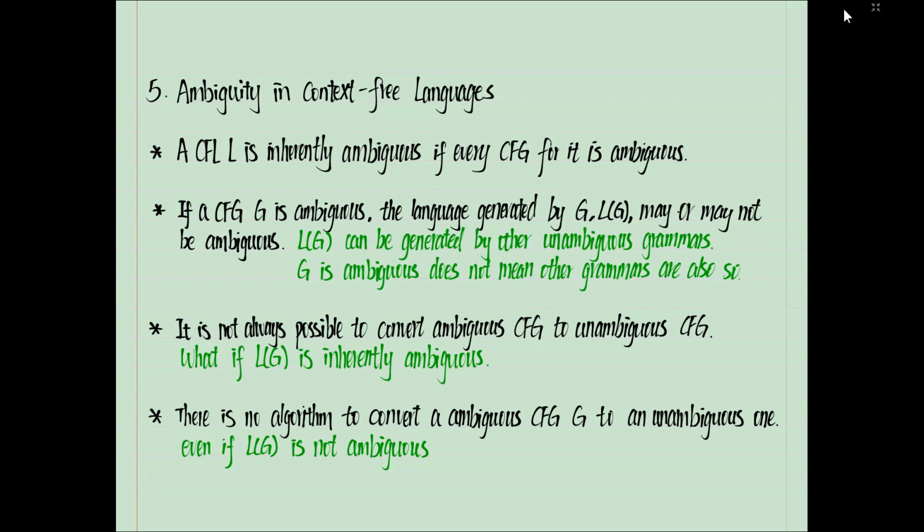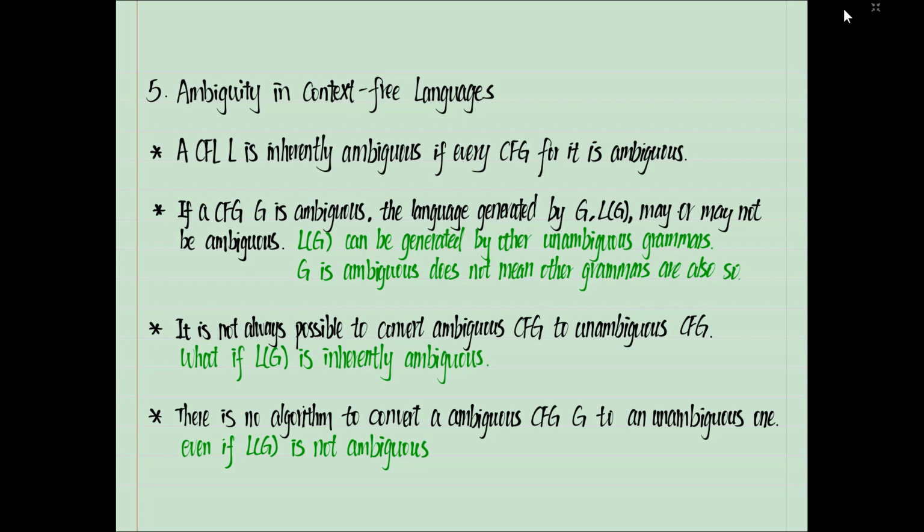Being ambiguous is not a good thing, but sometimes we have to accept this reality because it is not always possible to convert ambiguous context-free grammars to unambiguous context-free grammars. What if a language L is inherently ambiguous? Then every grammar that can generate this L is ambiguous.